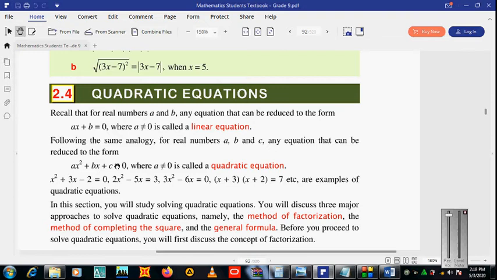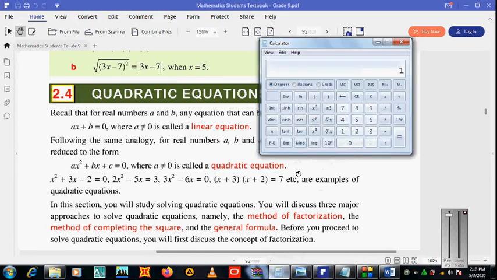The coefficient of x to the power of 0 means any number or any variable to the power of 0. What is the power of 0 equal to? For example, 8 to the power of 0, how much? This is 1.